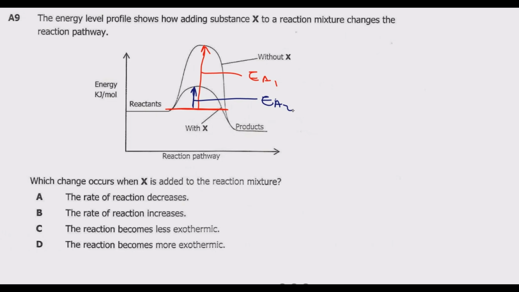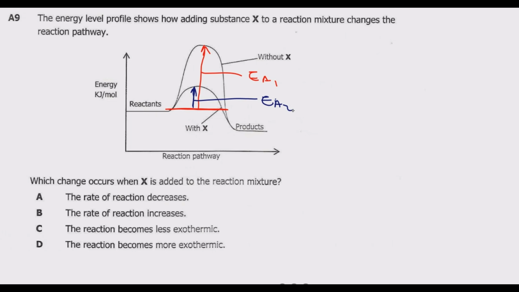So how do we tell whether the reaction is exothermic or endothermic? Is it more exothermic or less exothermic? The reaction is said to be exothermic when the reactants are higher in energy than the products. So at the beginning, you have more energy than you have at the end. In that case, we are talking about an exothermic reaction.